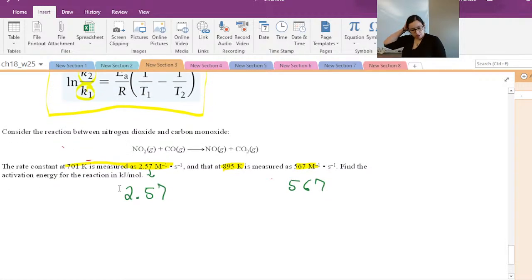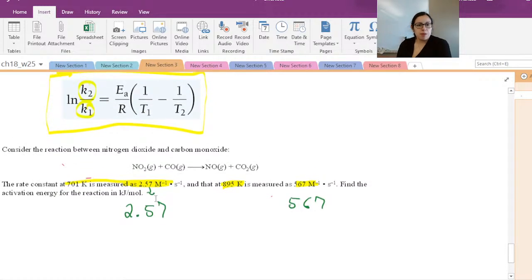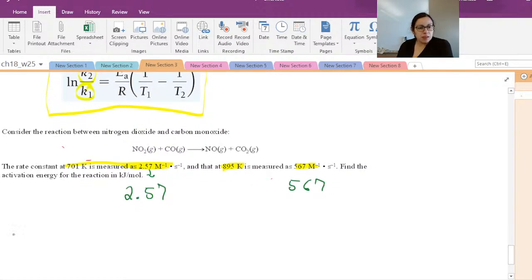And again, make sure that you keep K2 consistent with T2, so you don't have any scrambling of variables.